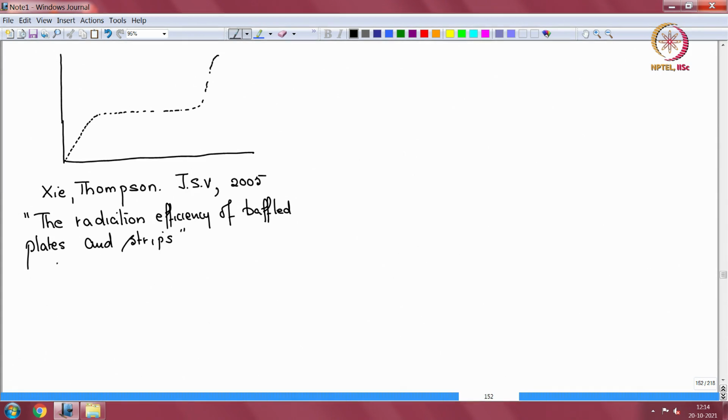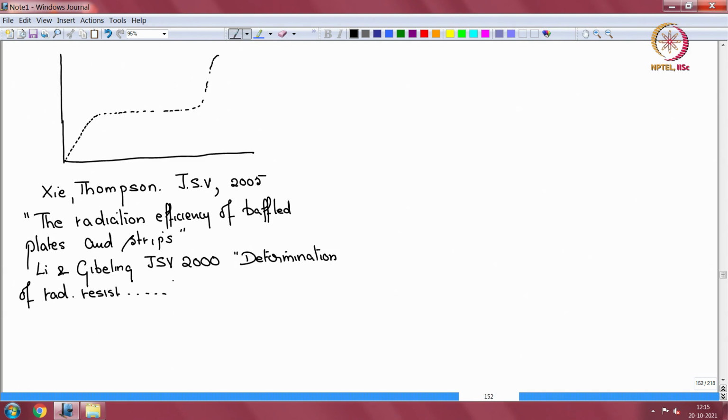And there is another also relevant by Lie and Gibelling in JSV year 2000, which is somewhat titled Determination of the Radiation Resistance of a rectangular plate, something like that.